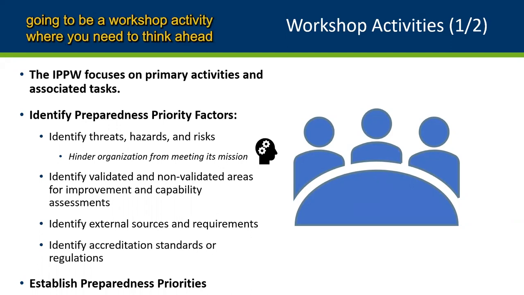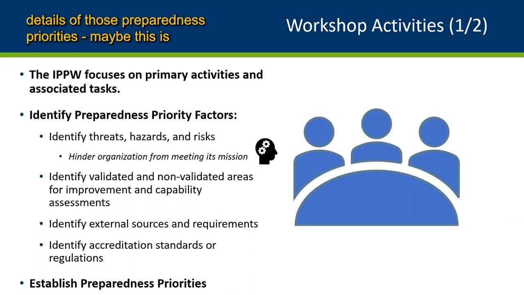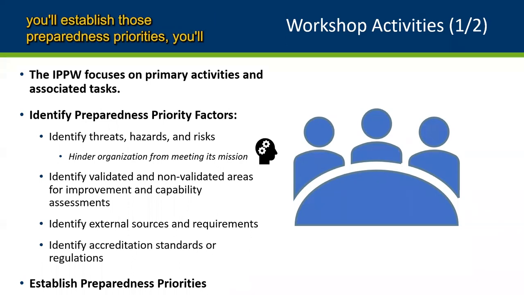And that's going to be a workshop activity where you need to think ahead how you're going to do that so you don't get wrapped up in the details of those preparedness priorities. Maybe this is homework that you have people bring, is to say, what are your priorities for the year? You will then establish those, and again, I'm going to walk through the steps of each of those, but you'll establish those preparedness priorities.